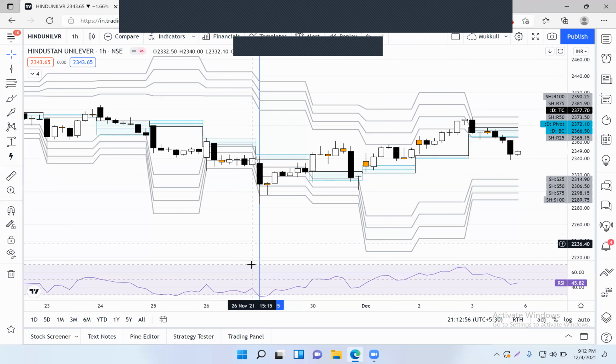Look, it is in the oversold zone, correct? RSI is in the oversold zone, right? I have taken 70 and 30, so below 30 I consider it to be oversold. So this is below 30, oversold RSI.